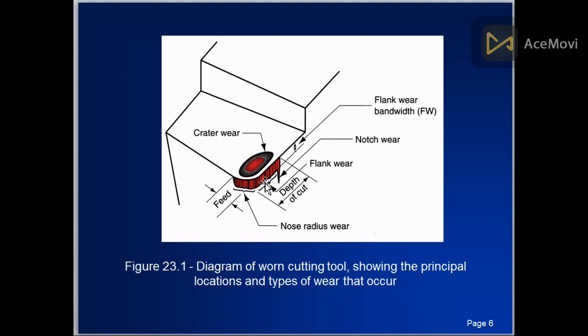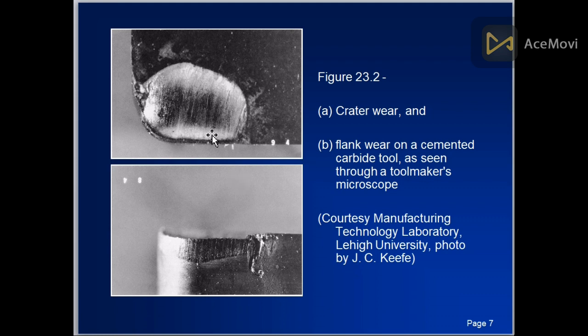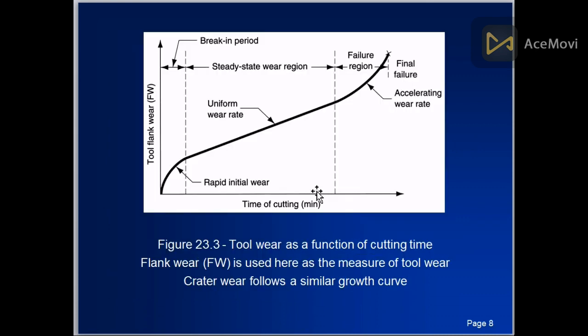This is in direct contact with the work part. So this is the depth of cut, and this is due to the feed, and this part is due to crater wear, and this is the flank wear width, etc. These are all the terminologies related to cutting tool failure. Yes, this is the real picture. This is the crater wear. This is the flank wear on the side of the tool.